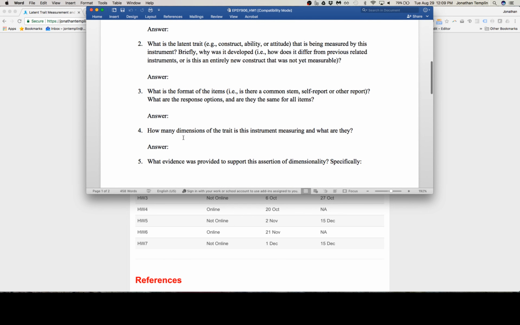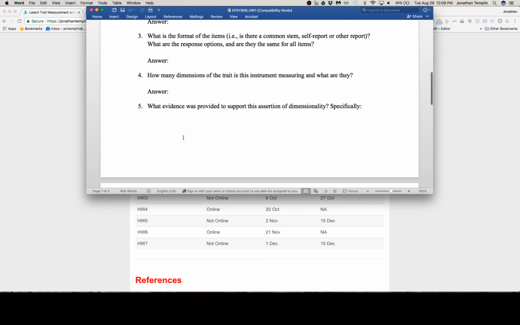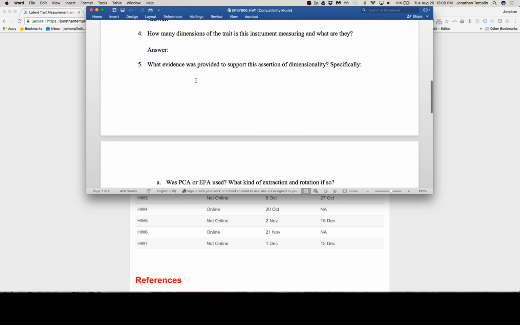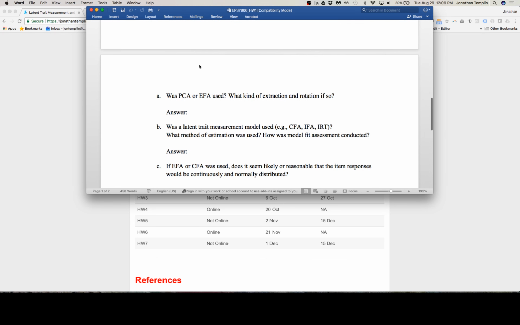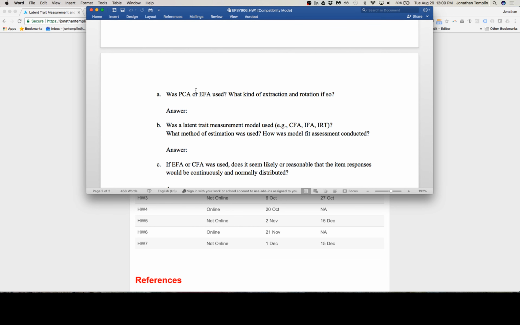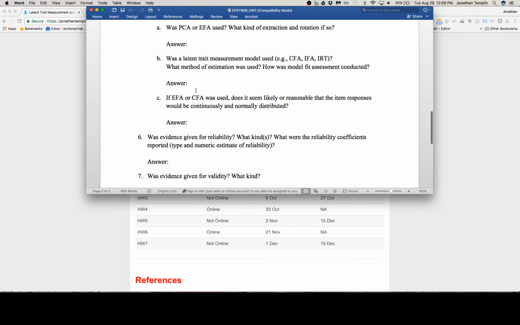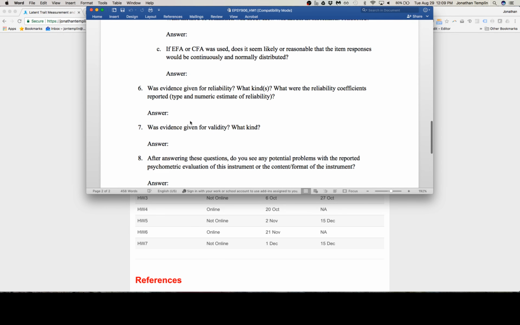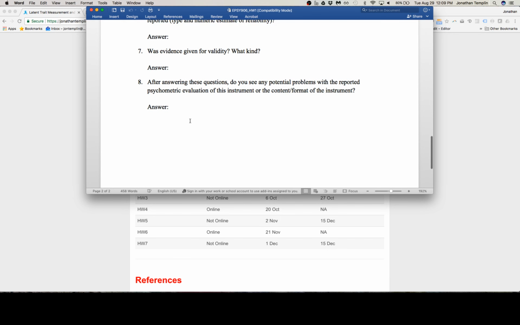What are the formats of the items? How many dimensions? How do they evaluate? Do they provide evidence to support how many dimensions were in the instrument? Did they use PCA or EFA, which is the topic of our course today, or CFA? They talk about reliability, validity, and so forth.